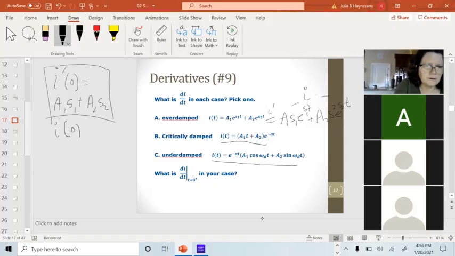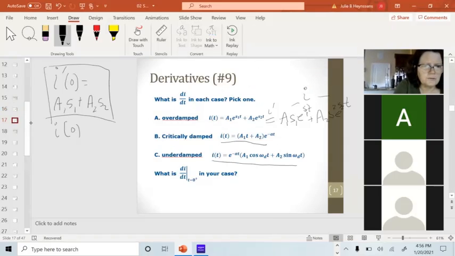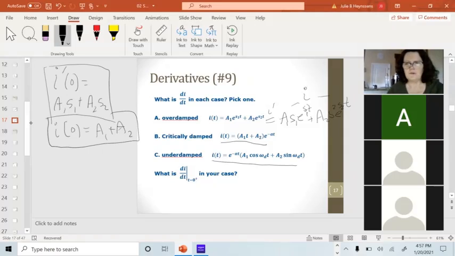I of 0 for that particular case was A1 plus A2. We've got formulas for S1 and S2. They're like boundary conditions, initial conditions is what they call them in math. I've got two equations and two unknowns, and I can solve for A1 and A2.